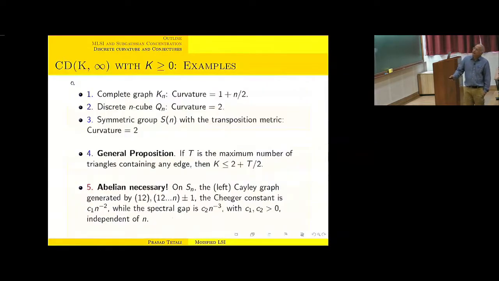And so he computed various standard examples. These are for graphs, that's why these look like integer values, but for Markov chains, you basically divide these by the transition probabilities. For the symmetric group, you get order 1 over n squared.